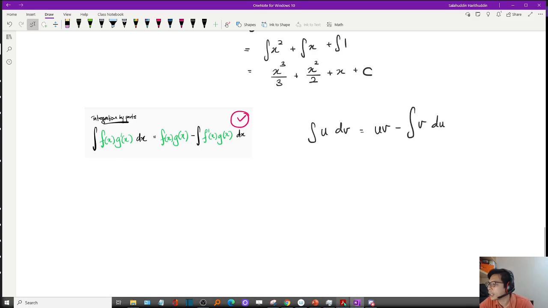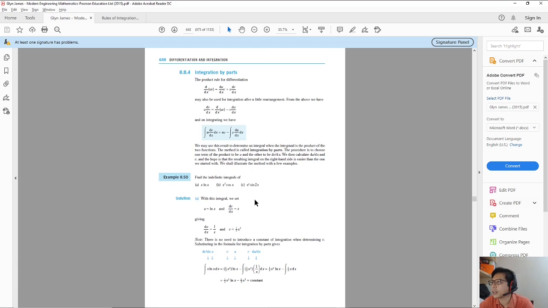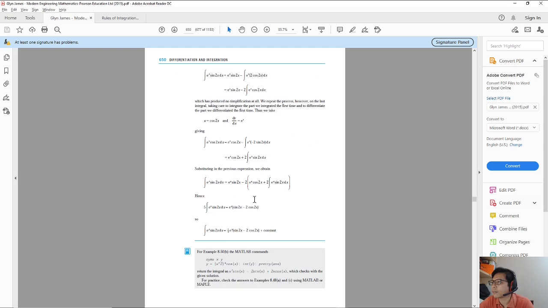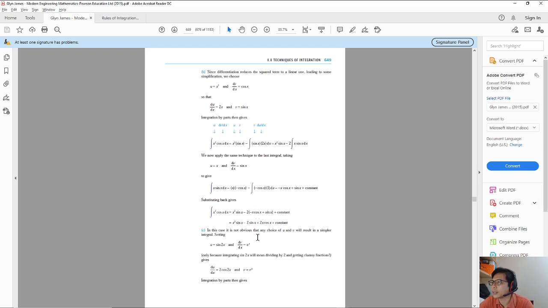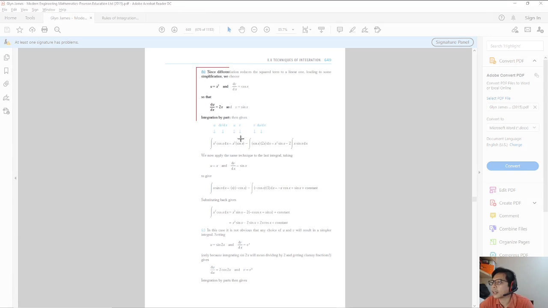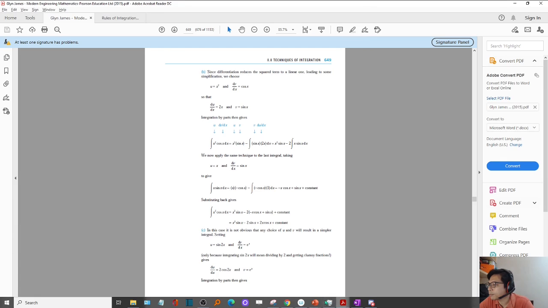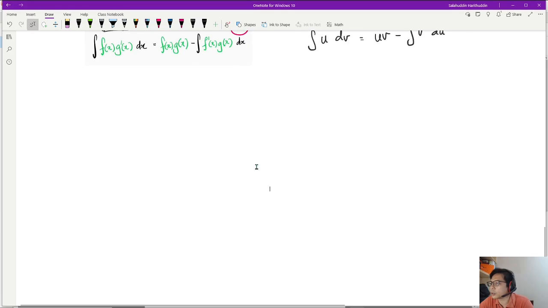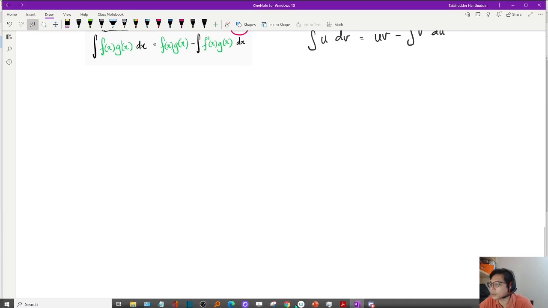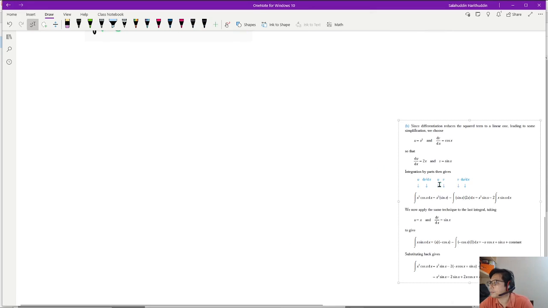First and foremost, I would like to take an example from the book. Let me find this. Wait a second. I think this one is okay. I'm just going to copy this. I'll put the solution first, and then we're going to figure out what's in it.